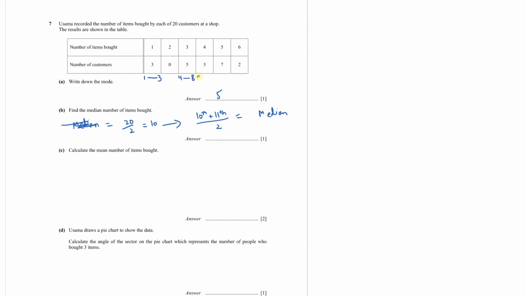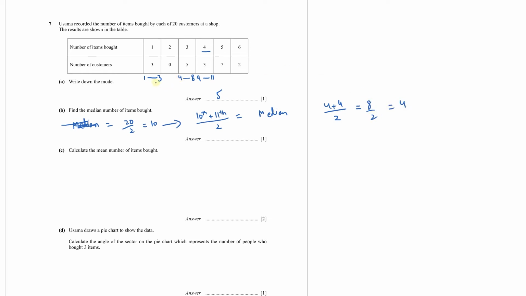Then your 9th customer is here, and you add 8 plus 3 is 11. So the 9th till 11th values are here. So both your 10th and 11th value is 4. Your median is the 10th and 11th value, which is 4 plus 4 divided by 2, which is 8 divided by 2, which is 4.